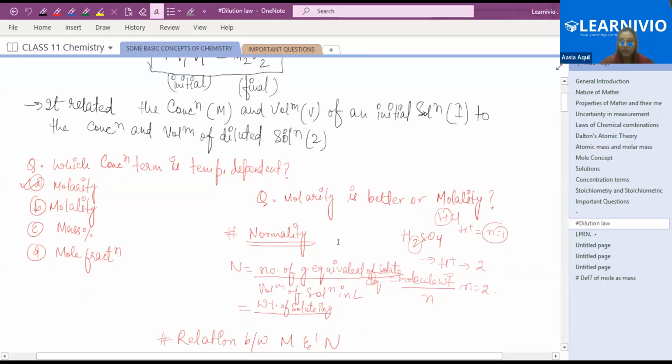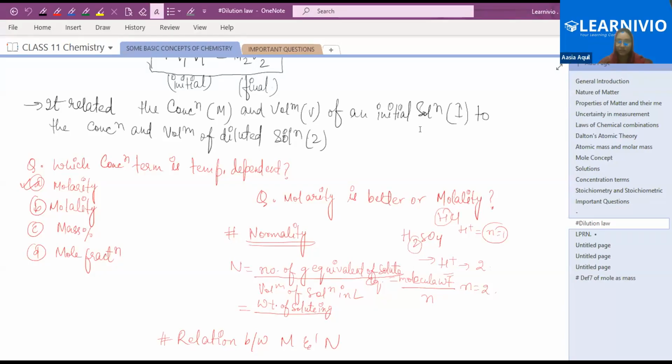And one more question is there. Which one is better concentration term, molarity or molality? So what will be the answer, Aisha? Molality? Yeah, why? Reason behind that? Because it is independent of temperature. It doesn't change with increase in temperature, right?